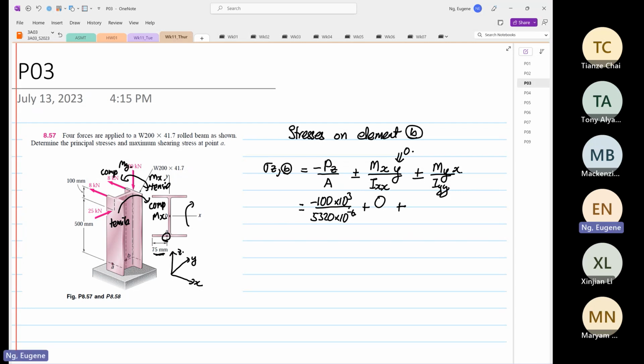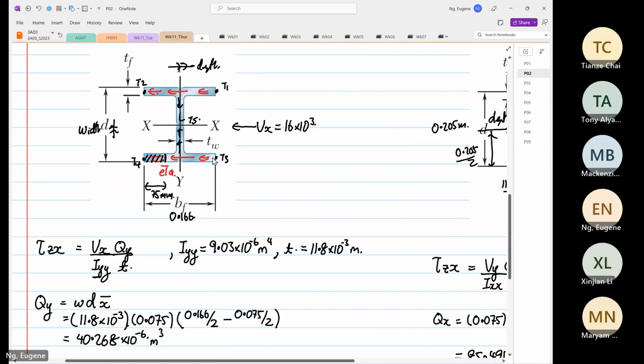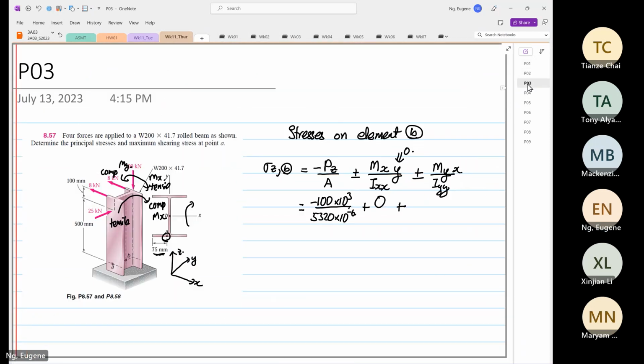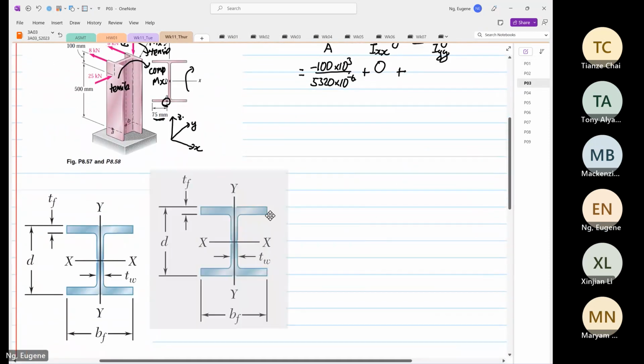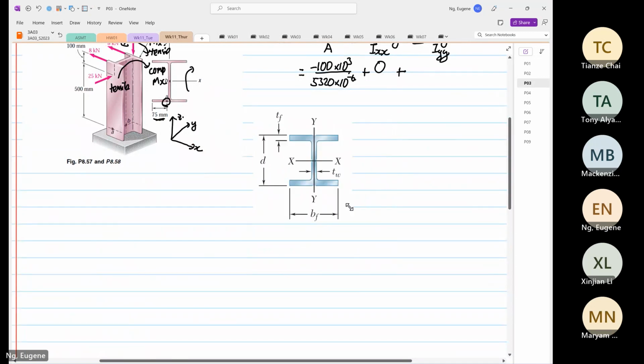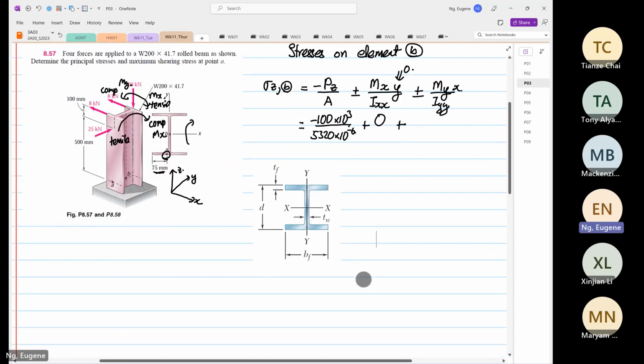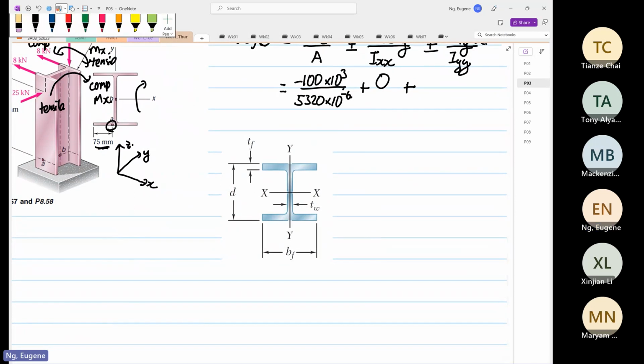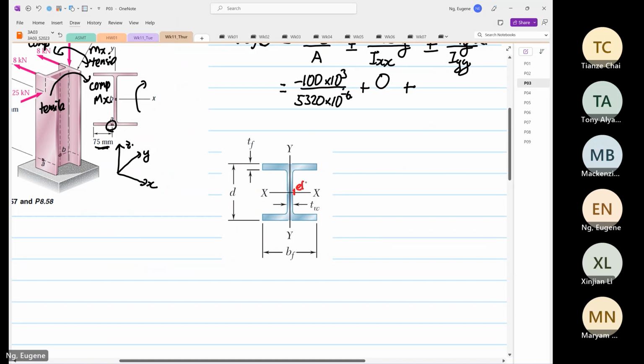Because if I were to give you the cross-section view, so now we are looking at element B, right?